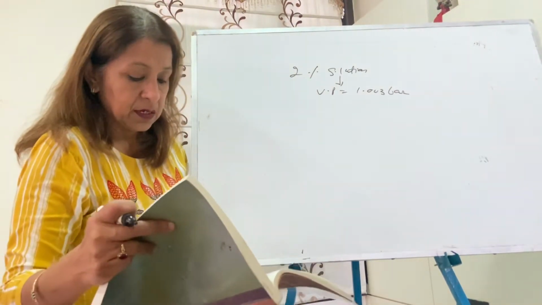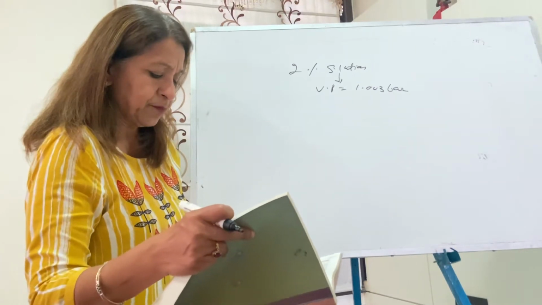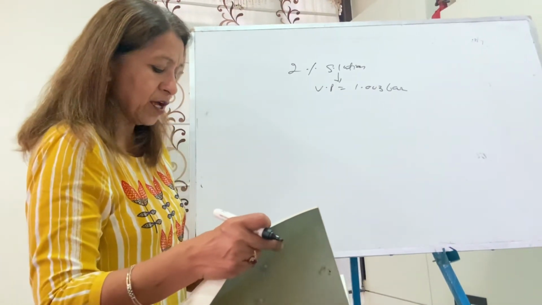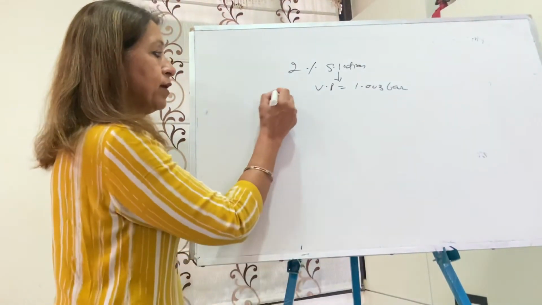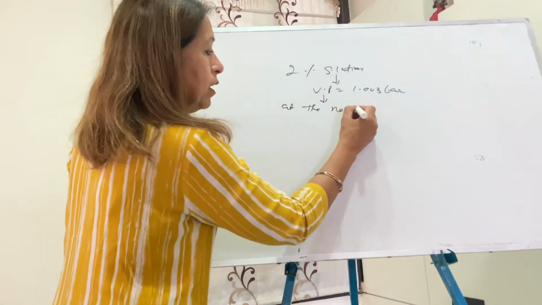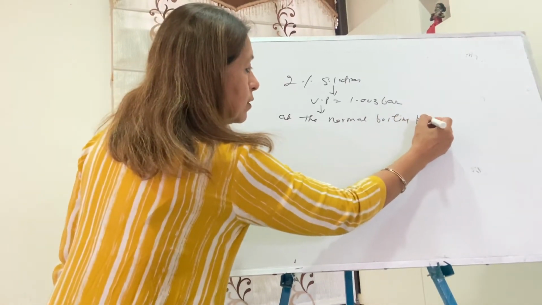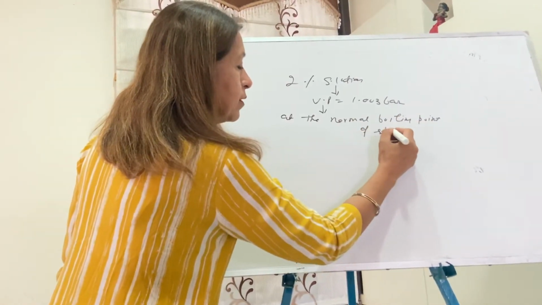The question is to calculate the molecular mass. It is specially given that this vapor pressure is at the normal boiling point of solvent.